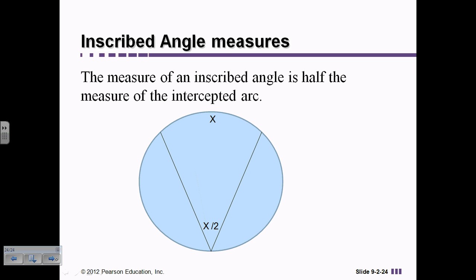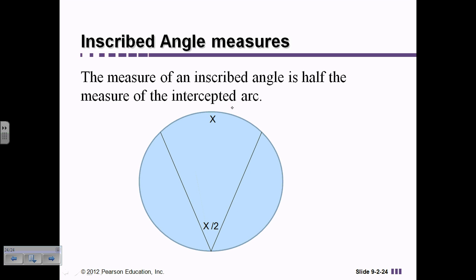Here's another example of an inscribed angle. You'll notice here that the vertex of the angle is down here at the bottom. The angle measure is half of the intercepted arc. Here's what that means. If this arc is 100 degrees, then the measure of this angle is going to be 50 degrees. Let's look at another one.